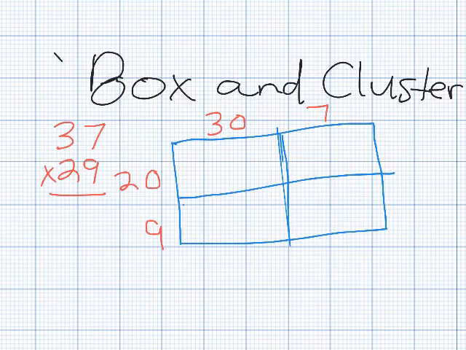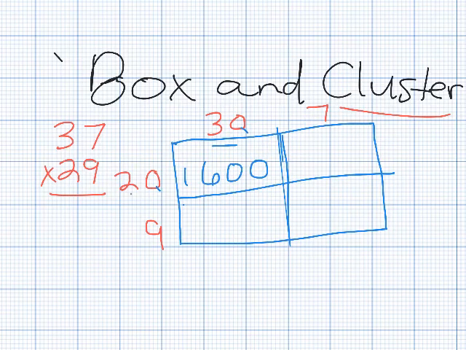And now we're going to do our multiplication and basically cluster those facts into our boxes. So we'll start here with 30 times 20. We can go 2 times 3 is 6. And we have 2 zeros here, so this becomes 600.